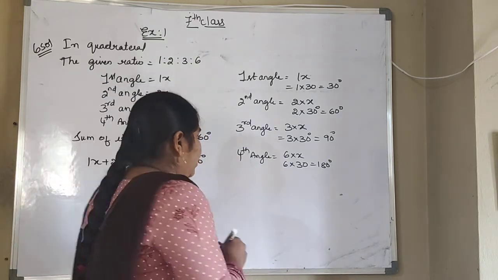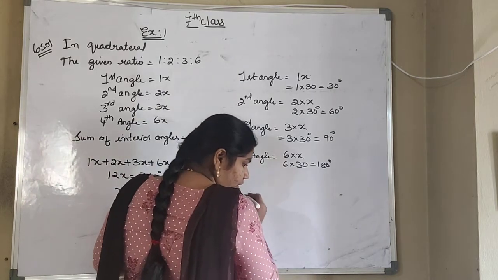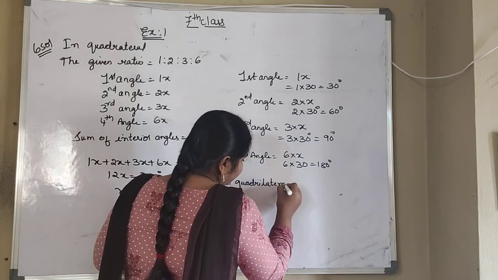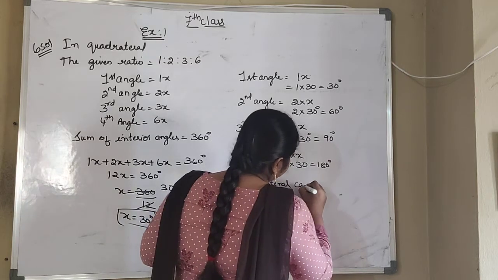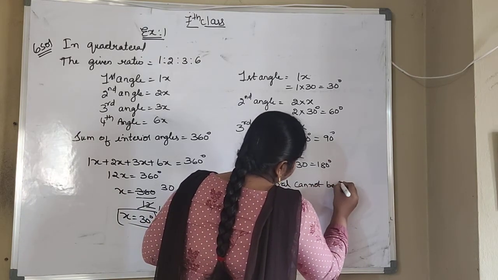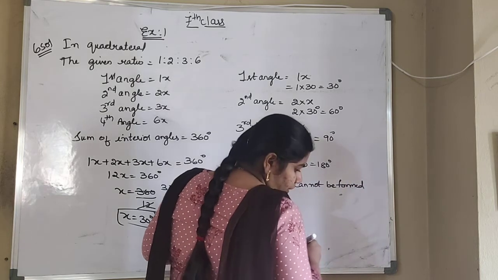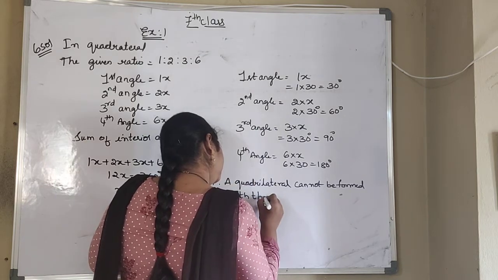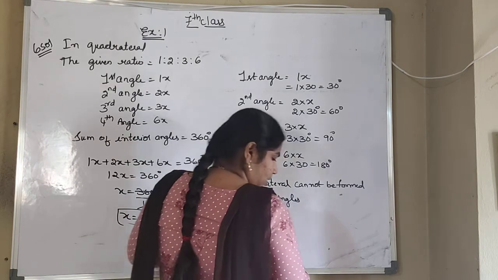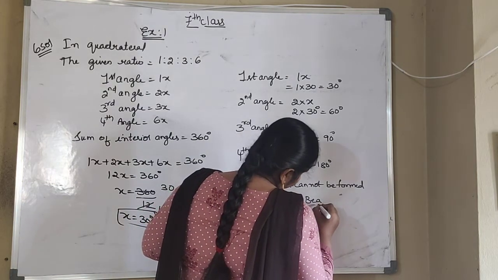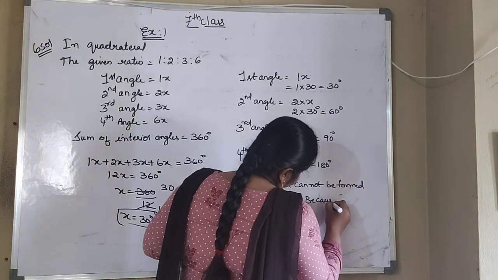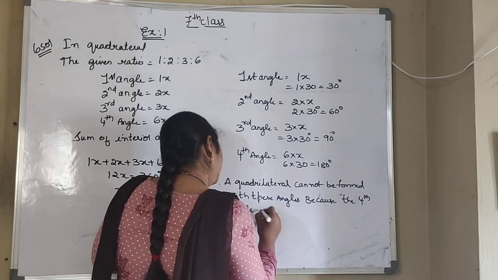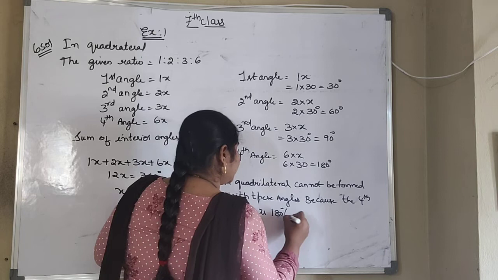Therefore, a quadrilateral cannot be formed with these angles because the fourth angle is 180 degrees, that is a straight line.